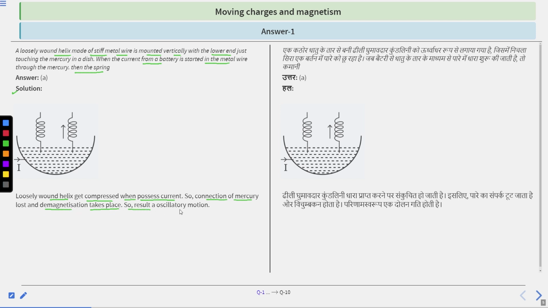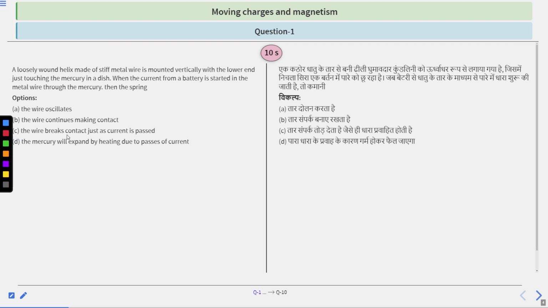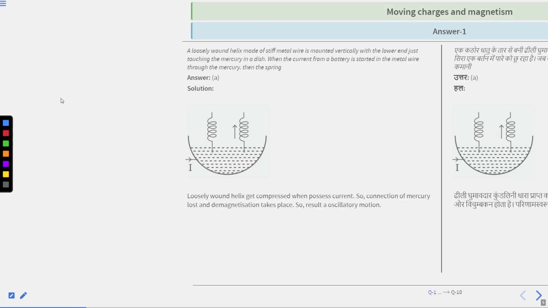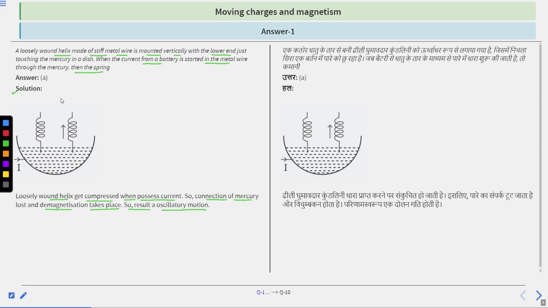So the result is an oscillatory motion. So the correct answer is: the wire oscillates. This is the correct option. Clear? Option A is correct.